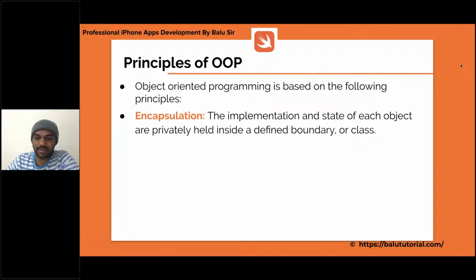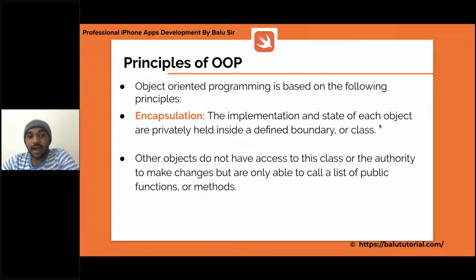If something is happening outside, my inside data doesn't react. That is called encapsulation. Other objects do not have access to this class or authority to make changes, but can only call a list of public functions or methods.